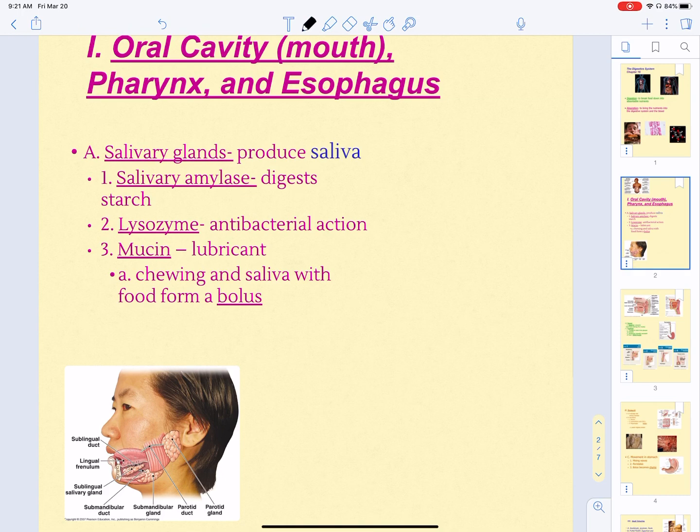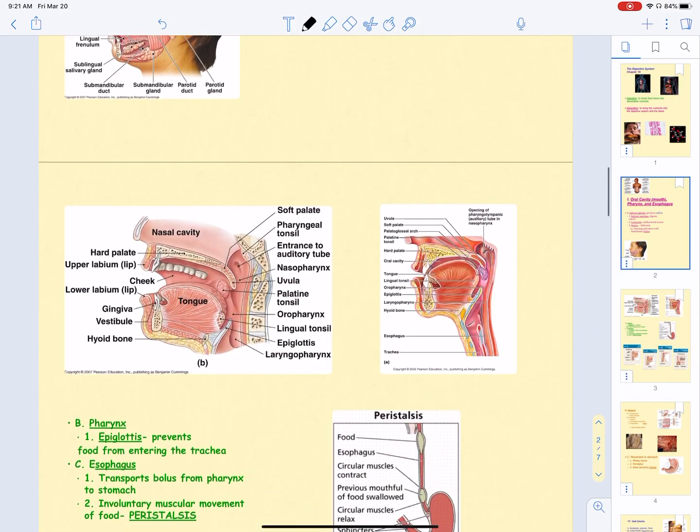The mucin is going to help the food slide from your mouth into your stomach. As that food moves down, we change it from food to bolus. You chew your food and then you swallow your bolus. Bolus is a word that means food that's headed towards your stomach.